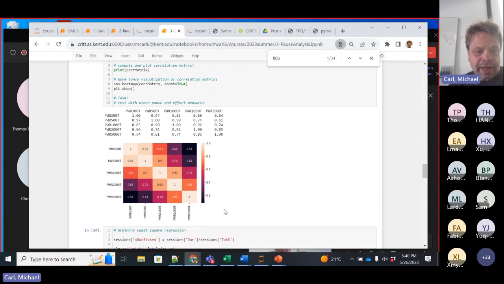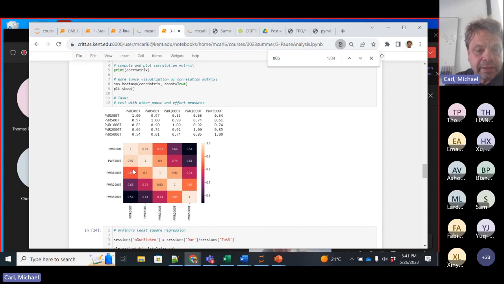Okay, so now we can also correlate the stuff. We have here a correlation matrix, and we can see how these different pause-to-word ratios correlate. And so what would be your expectation? I guess the expectation would be that those pause-to-word ratios which are closer together correlate better, and those that are further apart do not correlate as well, right?